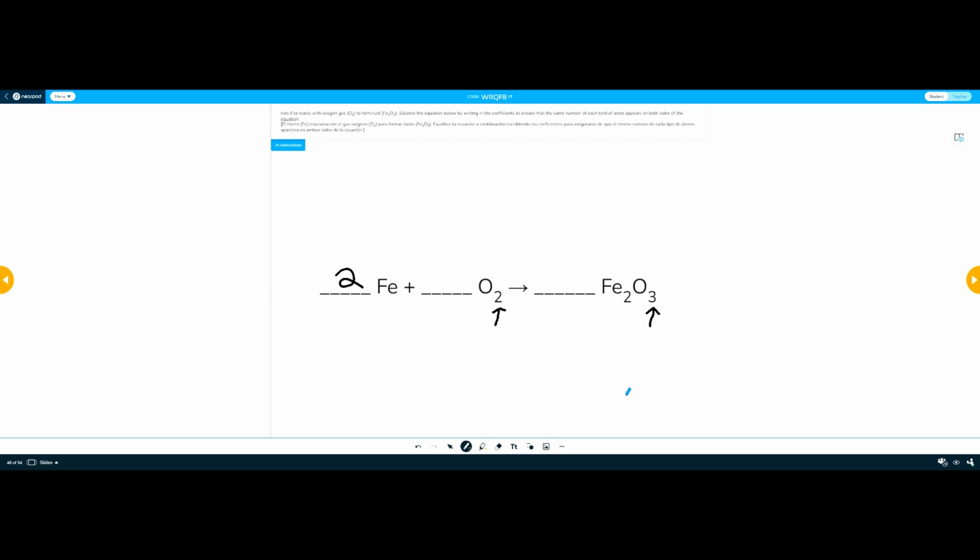We need a number that can be multiplied together to make 2 and 3 the same number. Now in math class we called this the least common multiple.